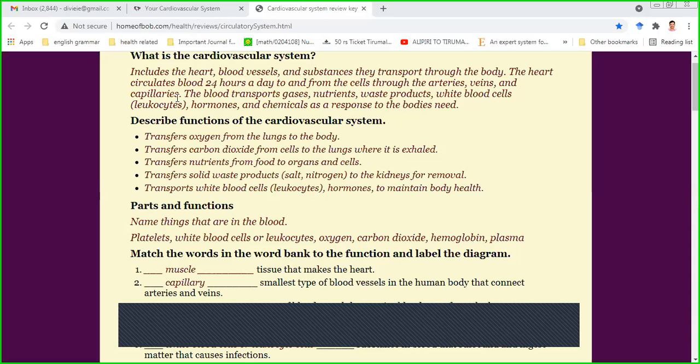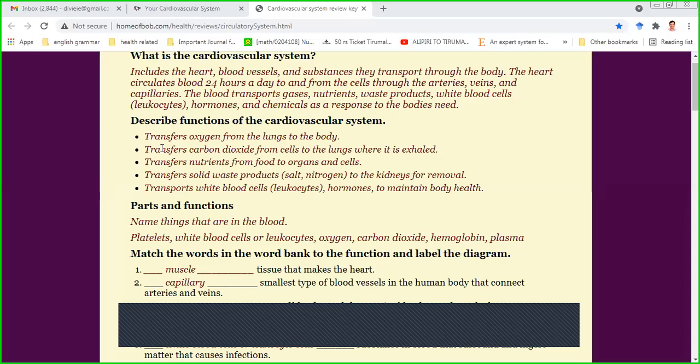The blood transports gases, nutrients, waste products, white blood cells, hormones and chemicals as a response to the body's needs. So now describe the functions of the cardiovascular system.